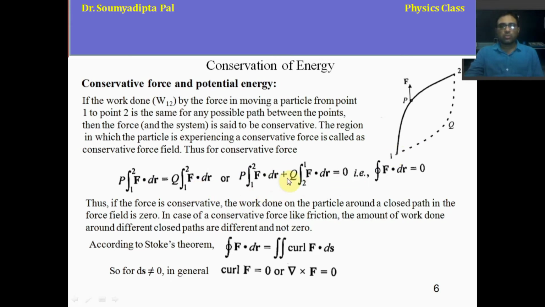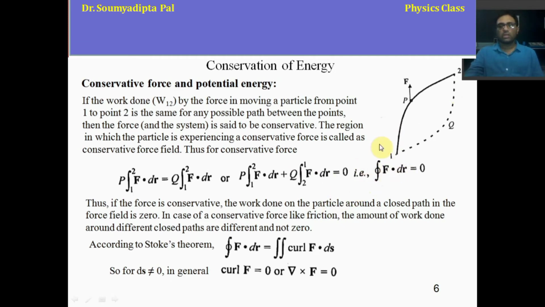Now we are applying the force on the particle for moving it from 1 to 2. Then the particle is coming back from 2 to 1 along the Q path. If you do so, that will be 0, because the work done is the same in both paths, but in this case it is opposite.